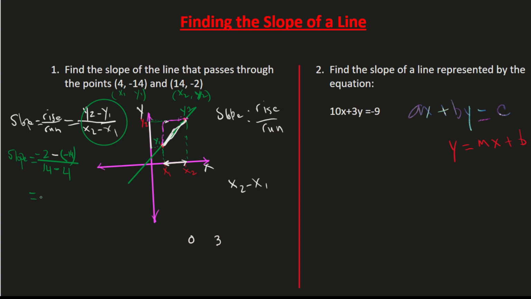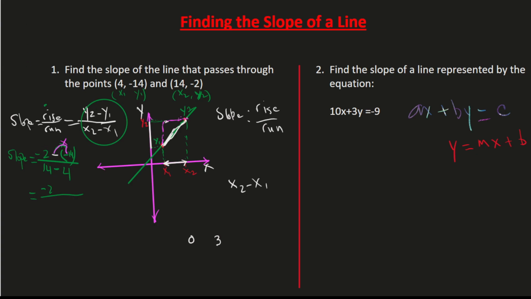So this is equal to minus 2, and then minus times minus is plus, so plus 14.